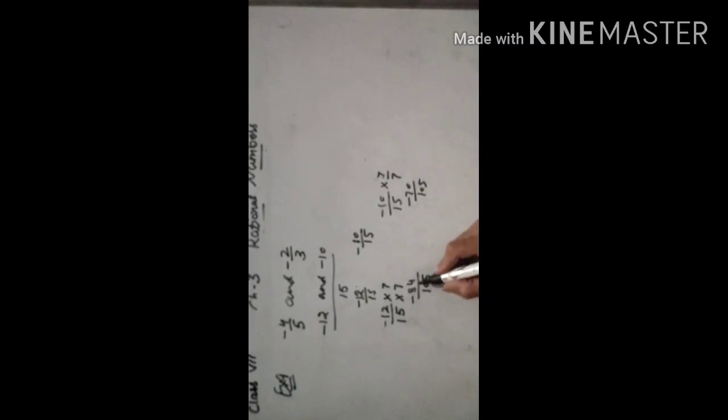Now between minus 84 and minus 70: minus 83 by 105, minus 82, minus 81, minus 80, minus 79, minus 78 by 105. 1, 2, 3, 4, 5, 6.